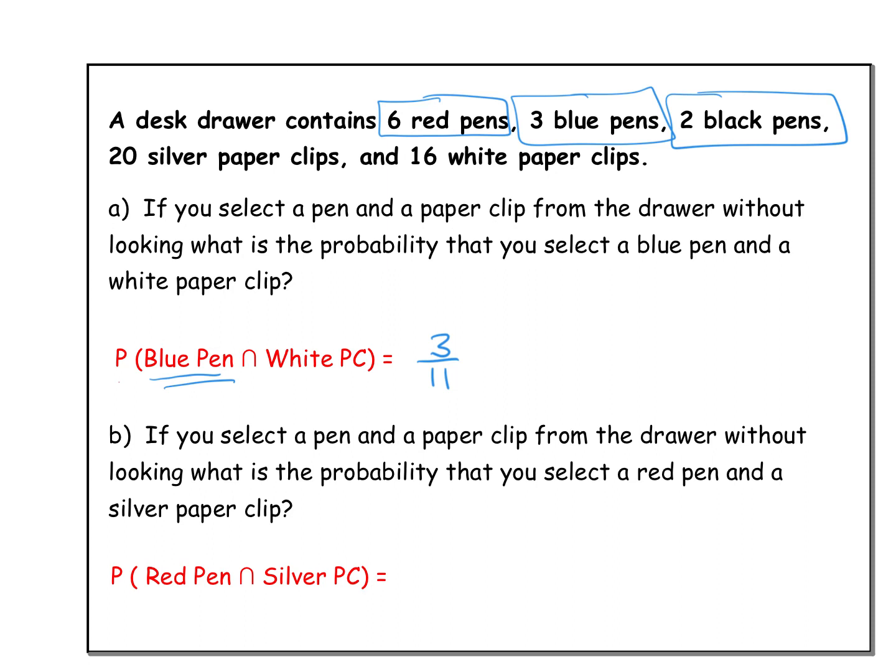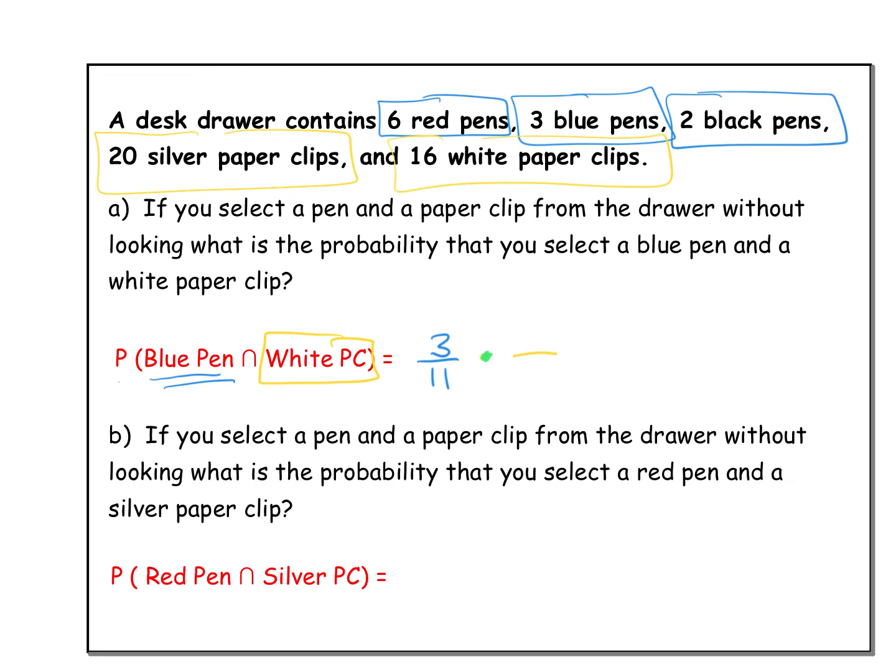And then we have white paper clips. And so what we're going to do is multiply these two. We're multiplying because the two events are independent of one another. So when we find their compound event of the one happening and the other, we multiply. And paper clips. How many paper clips do we have?